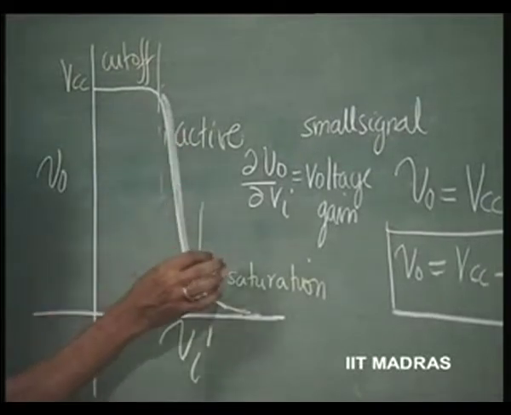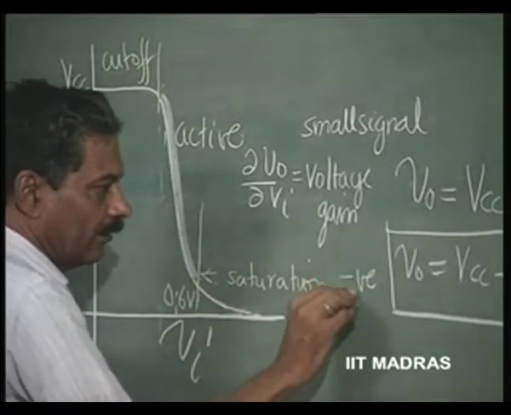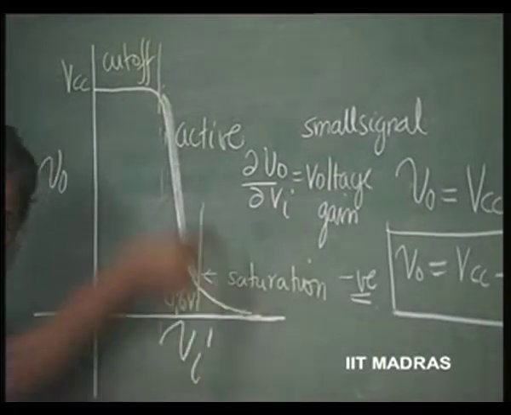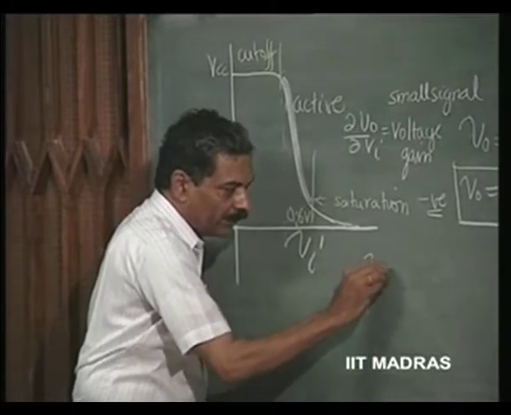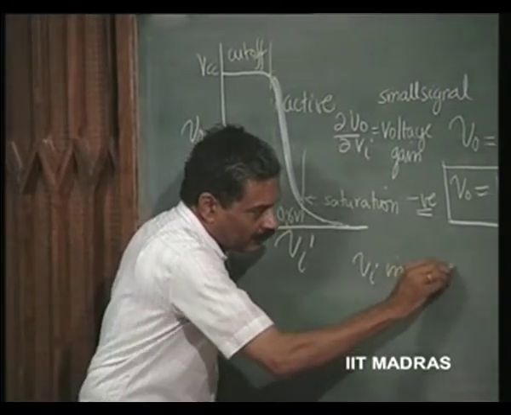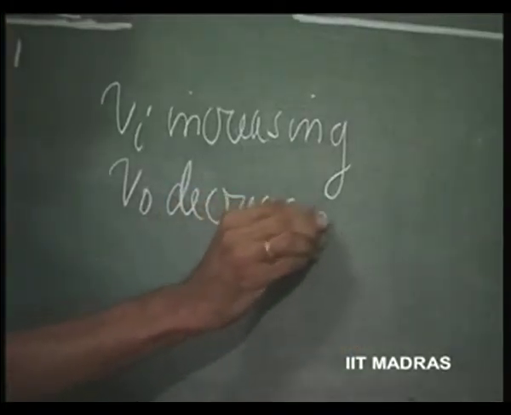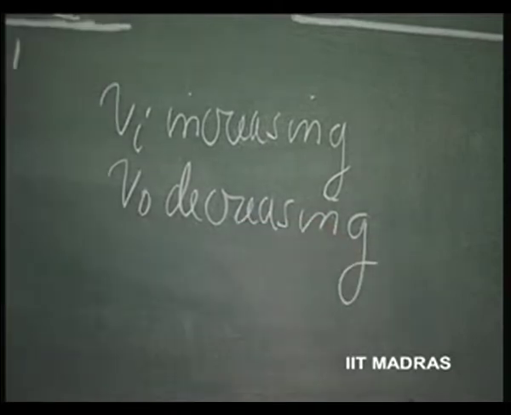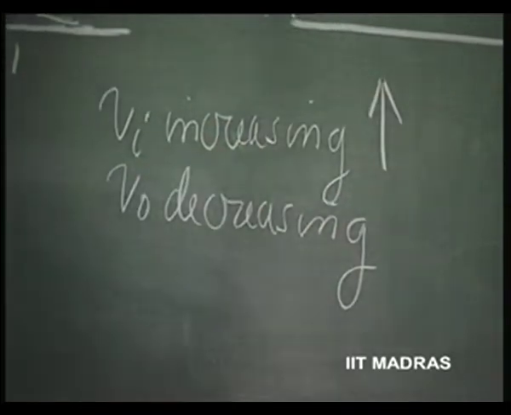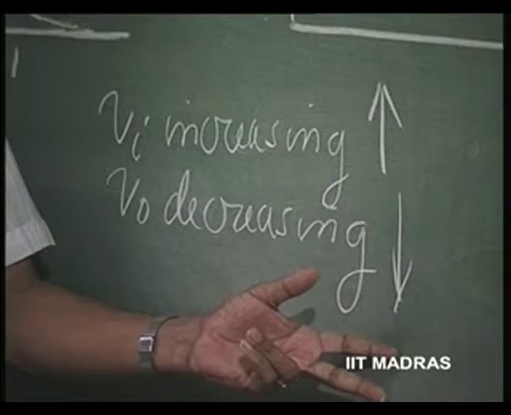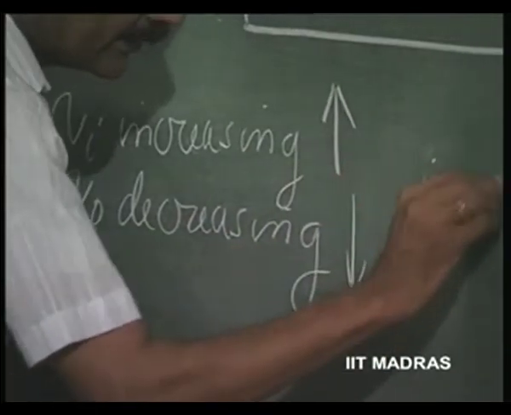This slope is negative. What is the negative slope indicating? When the input voltage is increasing, the output voltage is decreasing. This is indicated by this arrow: Vi increasing means V naught decreasing. That is why there is an inversion, and that is why this is an inverter.